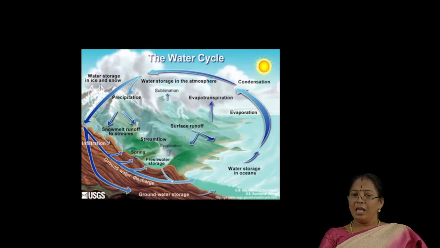Next, what are the resources of water? Water storage in ice and snow: you all know ice cubes, snow, which melts and becomes water. Then ground storage of water, that is groundwater discharge. Then water storage in the ocean, and water storage in the atmosphere.